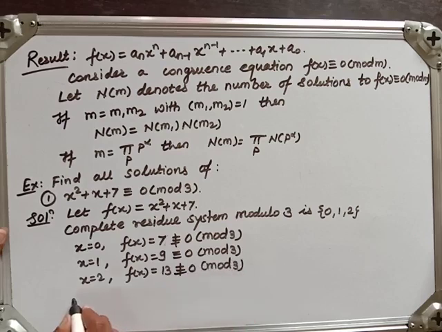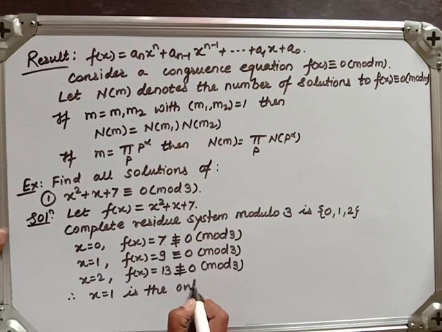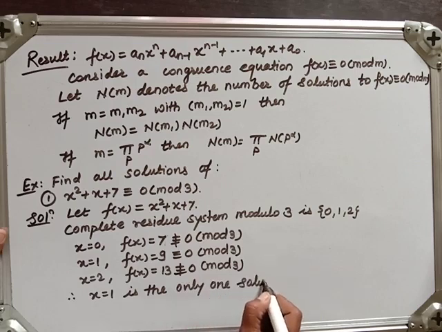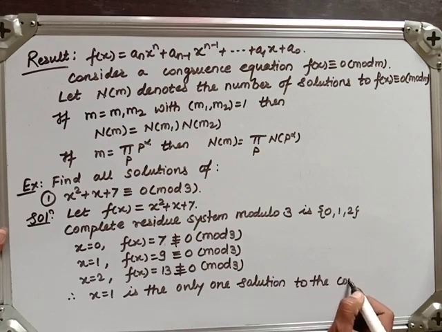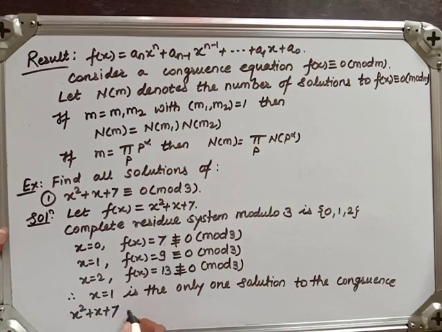Therefore, x equal to 1 is the only one solution to the congruence x square plus x plus 7 congruent to 0 modulo 3.